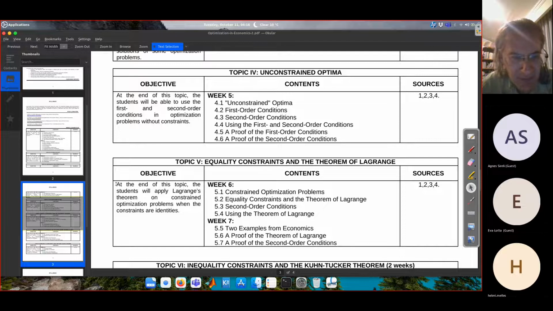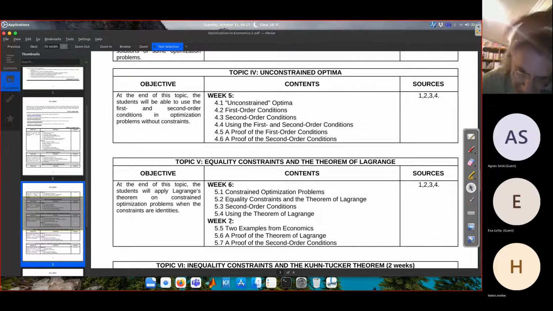And this is the objective. At the end of this topic, the students will apply Lagrange's theorem on constraint optimization problems when the constraints are identities. And we are going to spend 2 weeks on this topic. So this will be week 6 and week number 7.